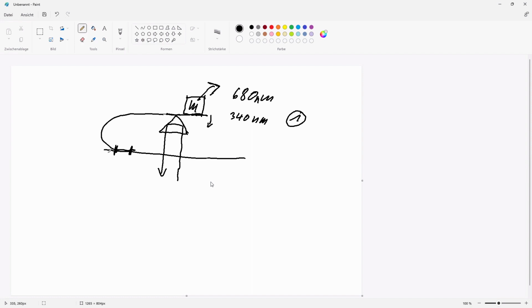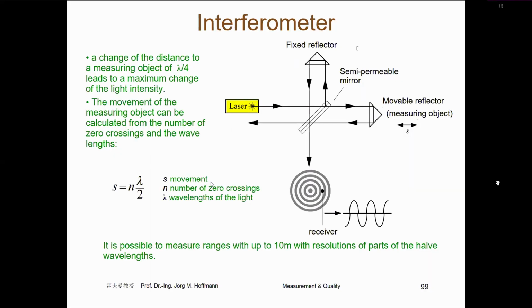But in this case, you have a really small way, so that the balance is also very fast. Yeah, that is the interferometer.